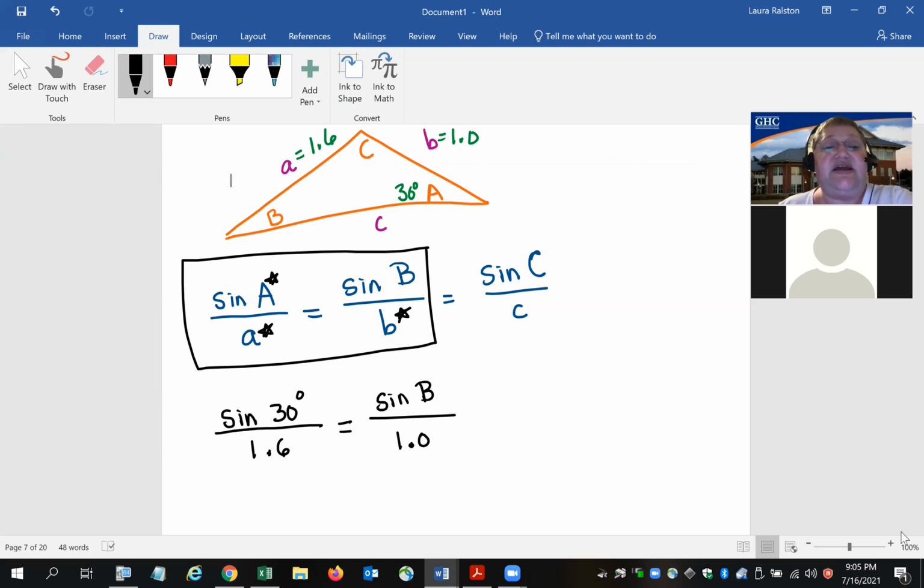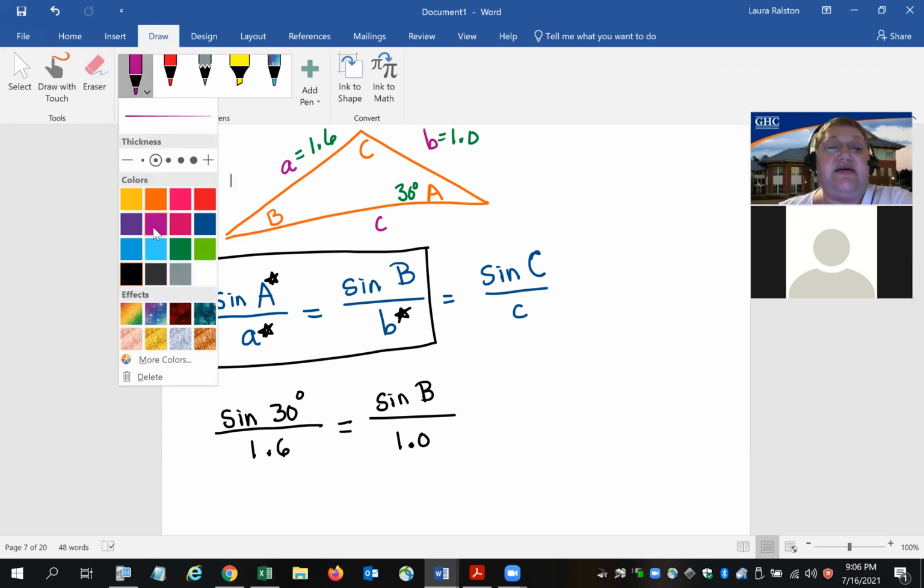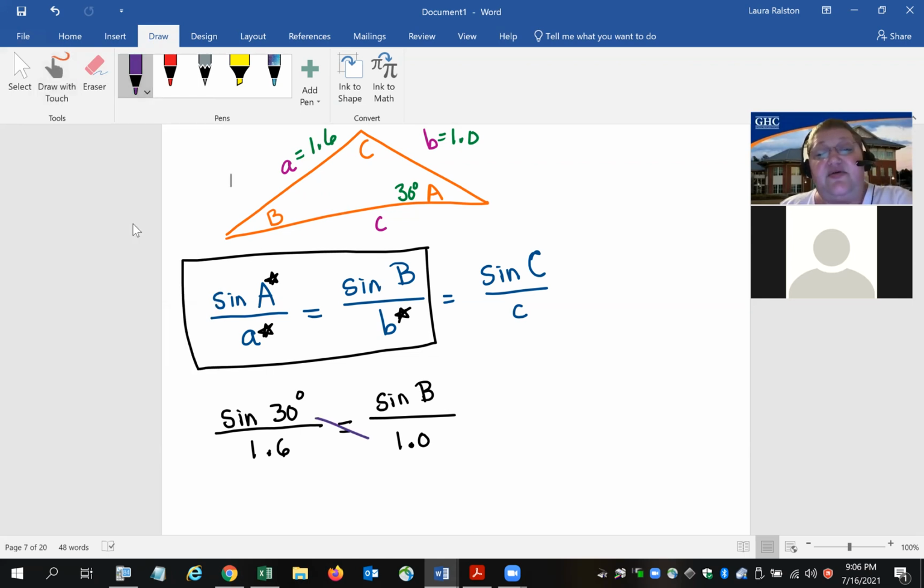So I have basically a fraction equal to a fraction. It's called a proportion. We solve it by cross multiplying. I'm going to multiply on the diagonal. So I would have 1 times the sine of 30 degrees equals 1.6 times the sine of B.